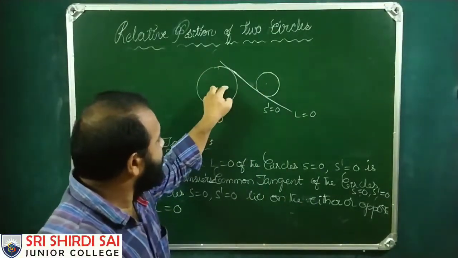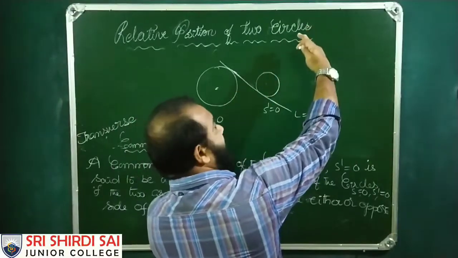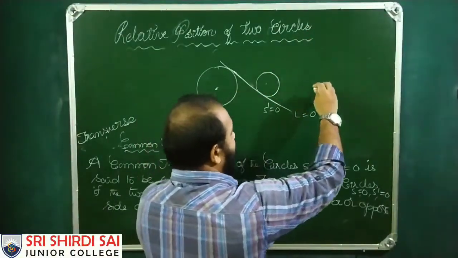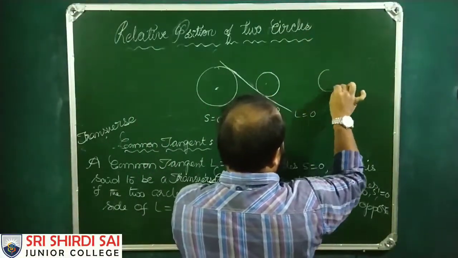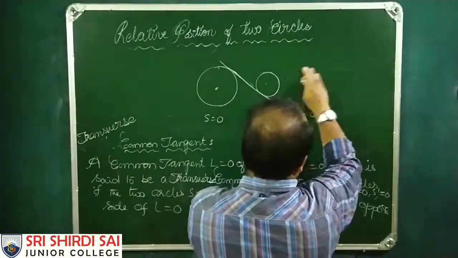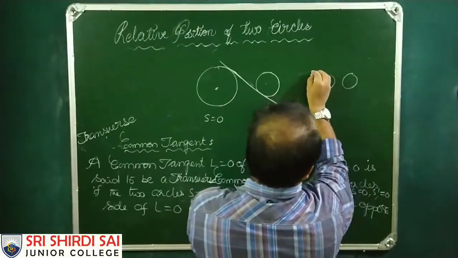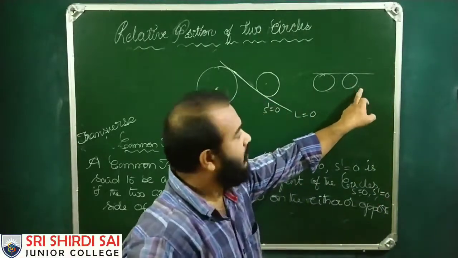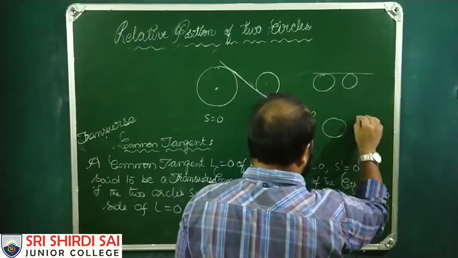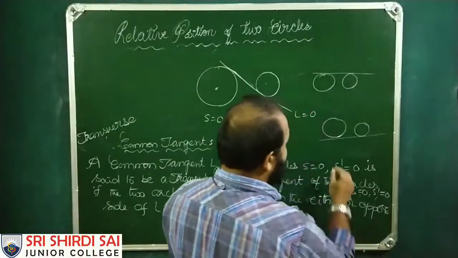The two circles lie on either side or opposite sides. Earlier, for the line, the two circles were lying on the same side.